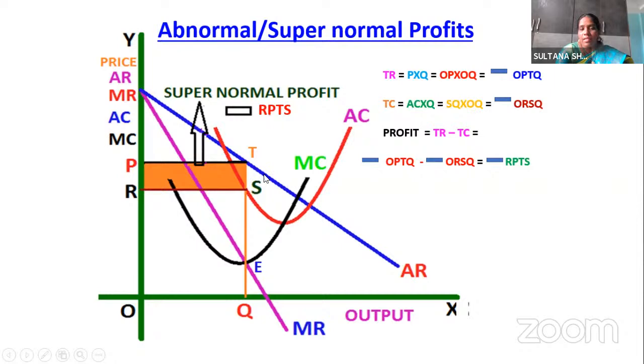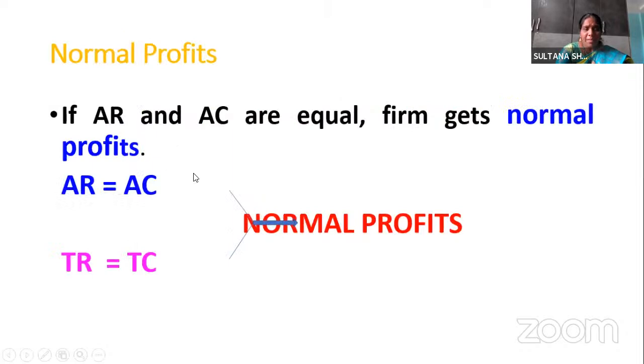AC is less than AR, which means AR is greater than AC. How much profit is the firm getting? The area PTSR shows the firm is getting abnormal or supernormal profits.